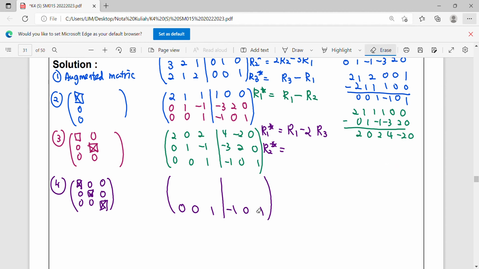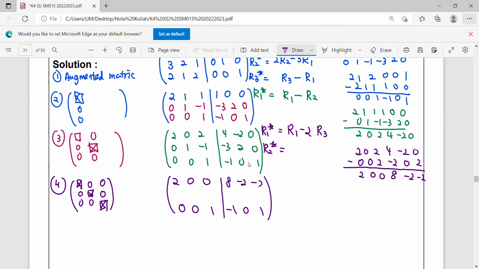Then we operate for the entire row, row 1. Then row 3 times 2. Answer: 2, 0, 0, 8, negative 2, negative 2.